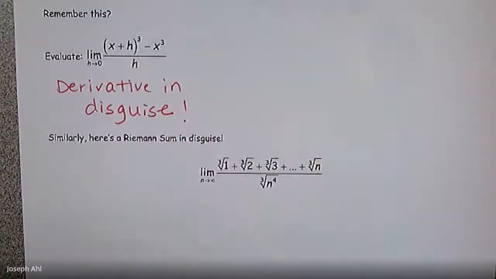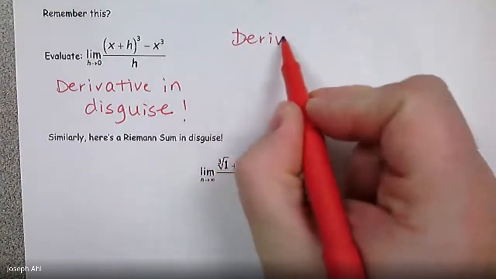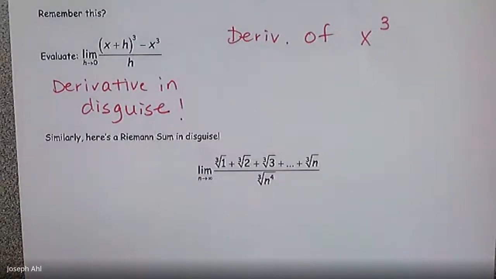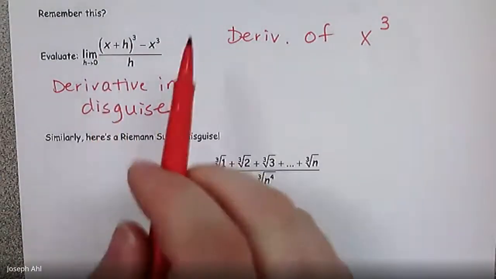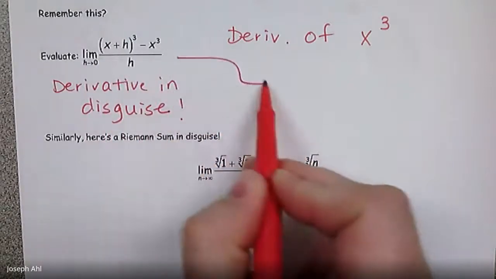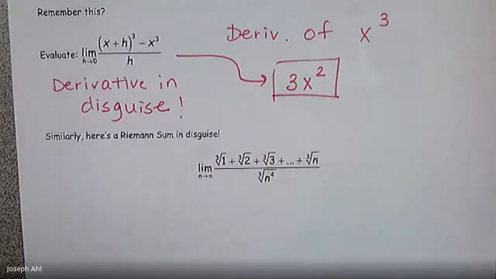Well, according to the limit definition of derivative, the limit as h goes to 0 of (x plus h) cubed minus x cubed over h is the derivative of the function y equals x cubed. So without actually expanding this out and doing the limit definition here, I know that the answer to this is the derivative of x cubed, which is 3x squared.